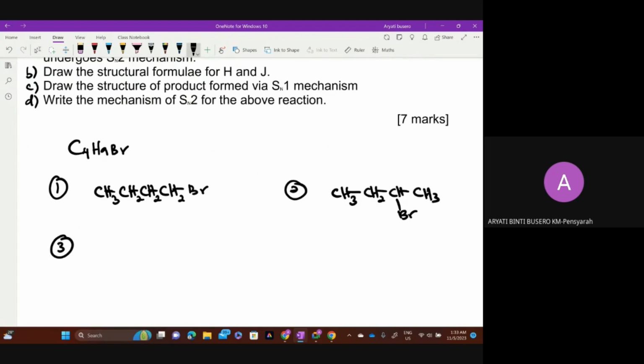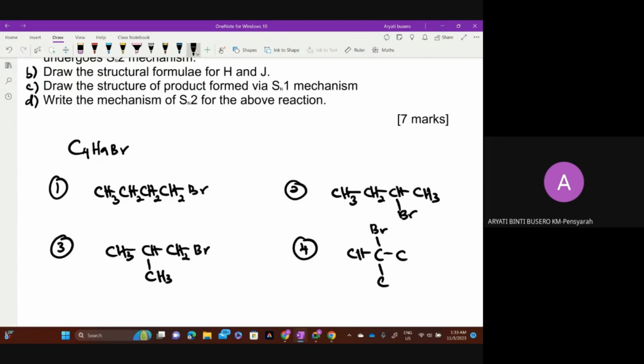So structure number 3 ialah ini straight chain. So kita buat satu branch pada carbon number 2. Kemudian kita letak Br pada carbon number 1. Okay, structure number 4. Sini ada satu branch, tadi Br at carbon number 2, so kita boleh letak Br sini.